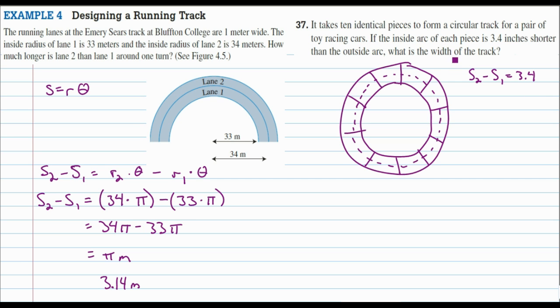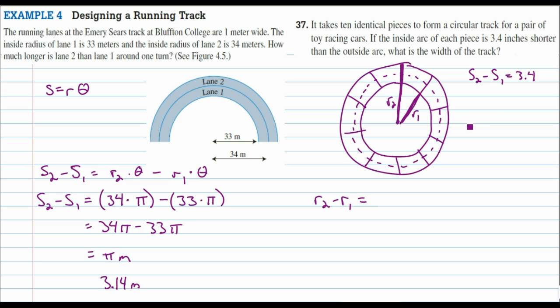We are looking for the width of the track, so if I call this outside radius 2, kind of like I did in the last problem, and then the inside radius would be radius 1, I am trying to find radius 2 minus radius 1.